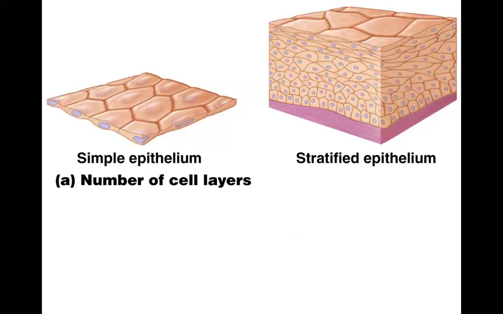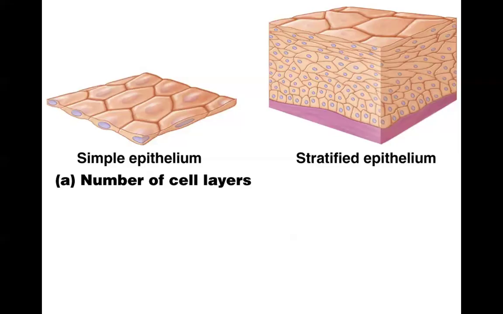what happens? Let's say this is the basal lamina. This is our basement membrane. That's the basal lamina, the first layer of our basement membrane. Who is the second layer? Reticular lamina. Okay.